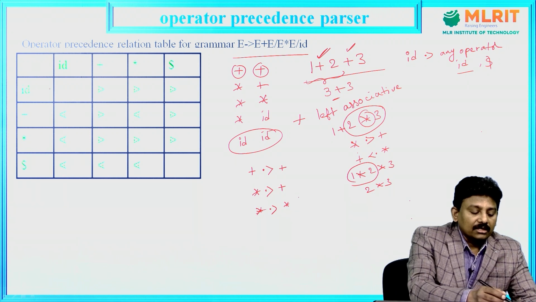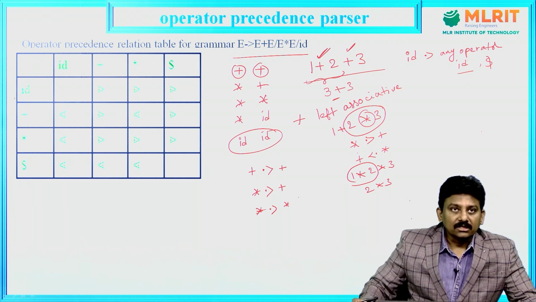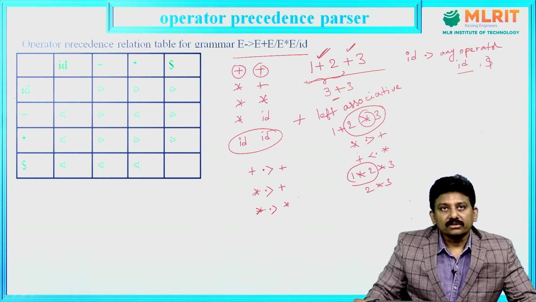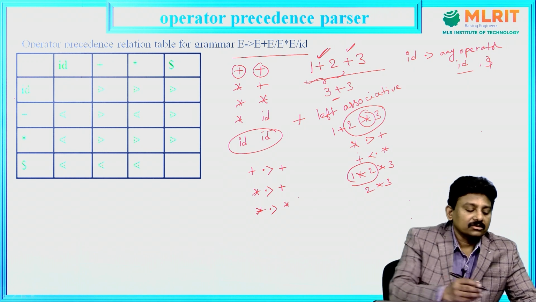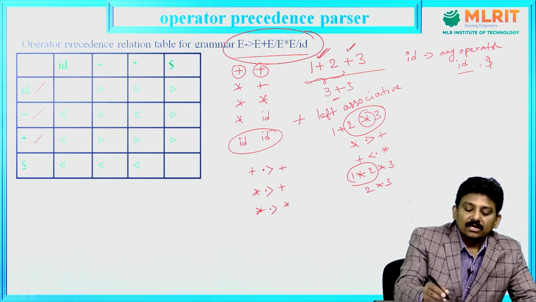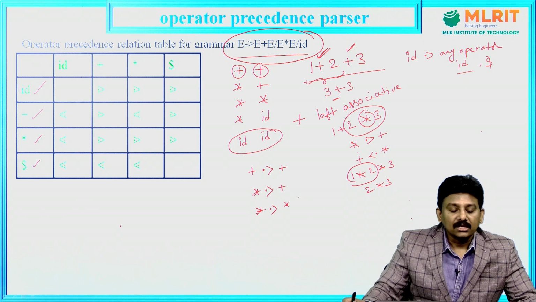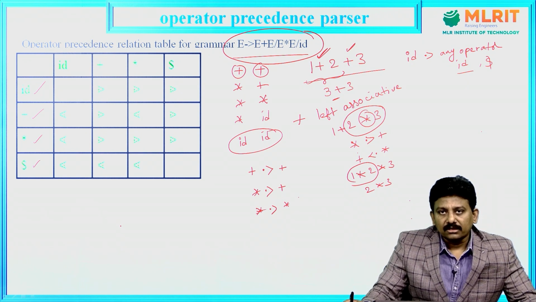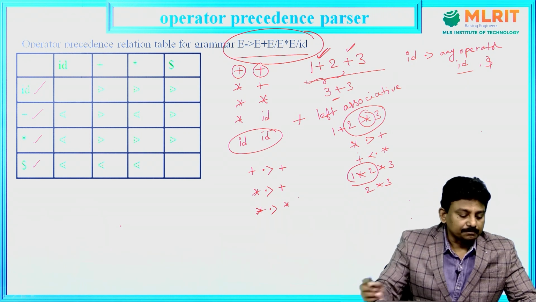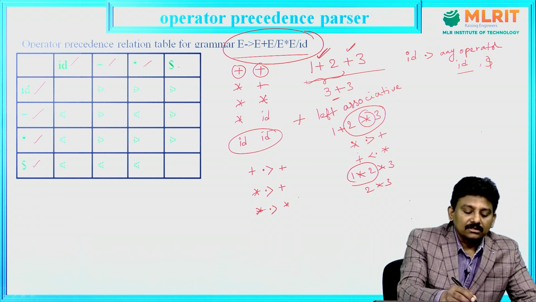In the rows and columns we will take the terminals only. Already I told you there is a relationship between terminals only, not between the non-terminals. The operator precedence parser will ignore the non-terminals. So ID, plus, star are the terminal symbols in the given grammar. Along with these, we have to take dollar, because dollar is the end marker of the input string. The columns also have identifier, plus, star, dollar.